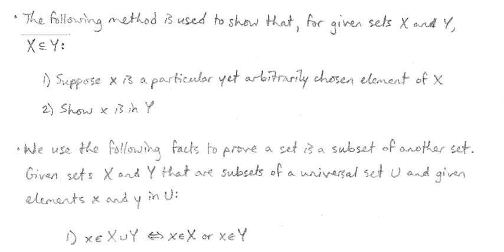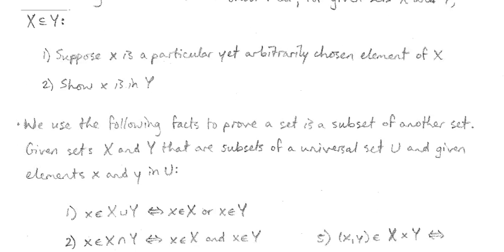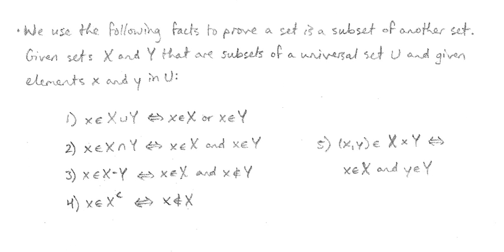When we saw how to prove mathematical statements and mathematical facts, we had a set of definitions or some basic facts that we worked with. So that's what we're going to do here. We're going to introduce some basic facts and some basic definitions that we'll use to help us prove that something is a subset of some other set.